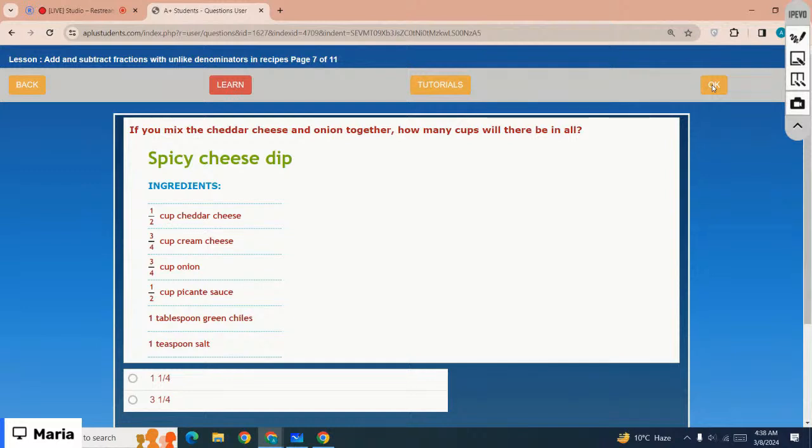Okay, the next one is, if you mix the cheddar cheese and the onion together, how many cups will there be in all? The cheddar cheese is 1 by 2 and the onion is 3 over 4. So, which is the correct option?